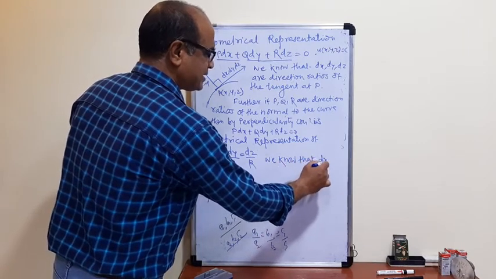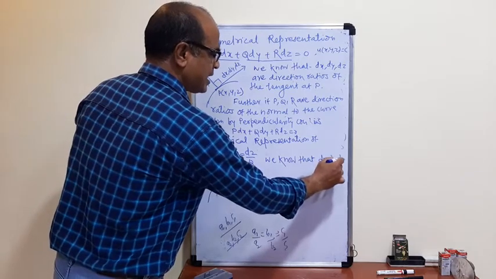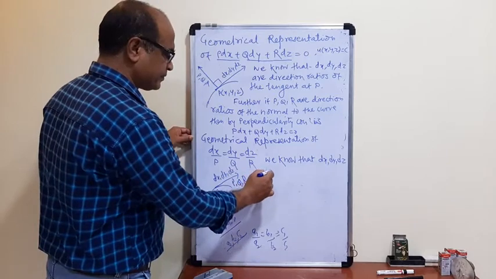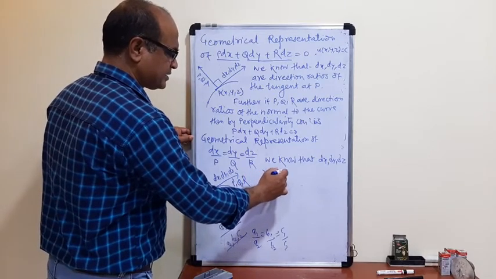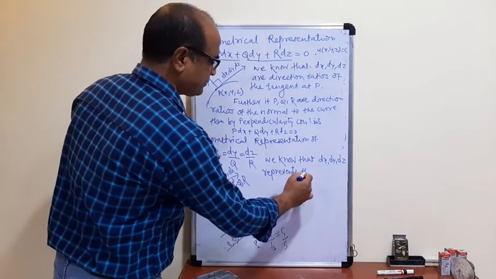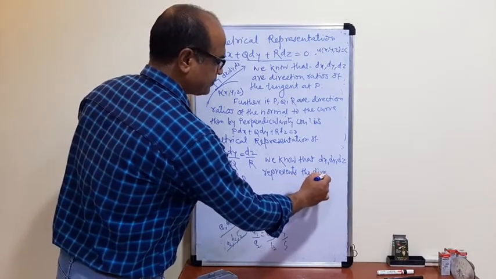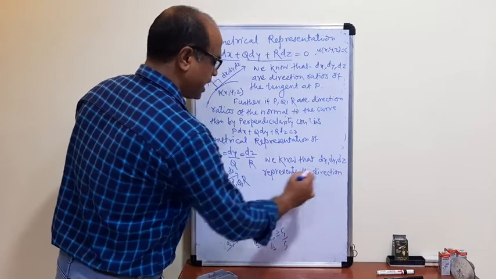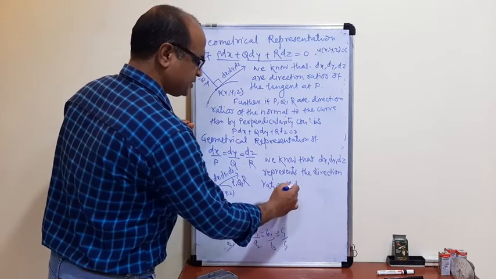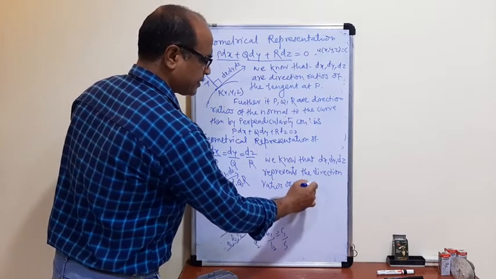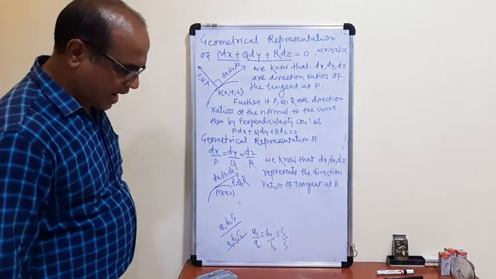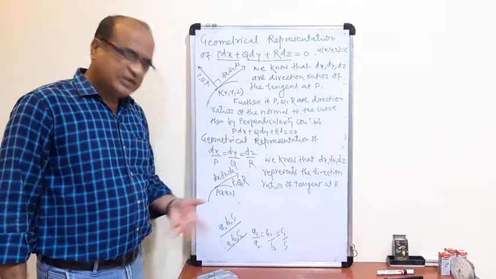So dx, dy, dz represent the direction ratios of the tangent at P to this curve.